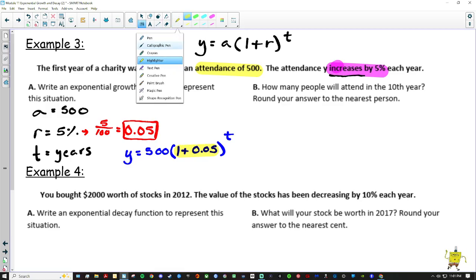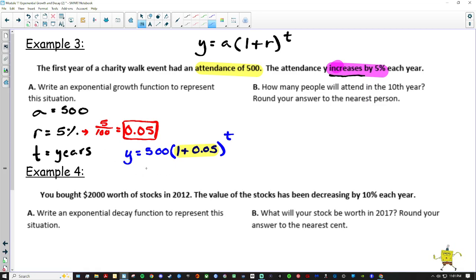So my final answer for part A is y equals 500 times 1.05 to the power of t. This is my exponential growth function that represents the situation.